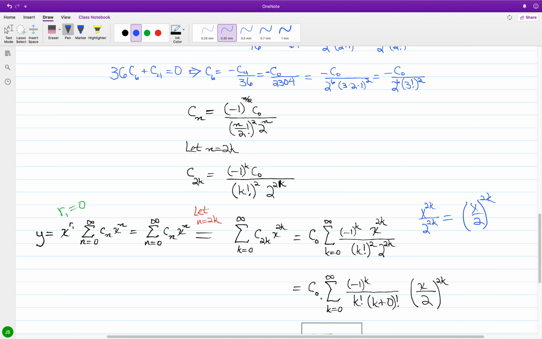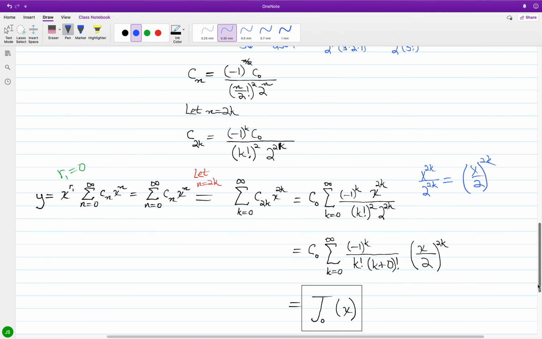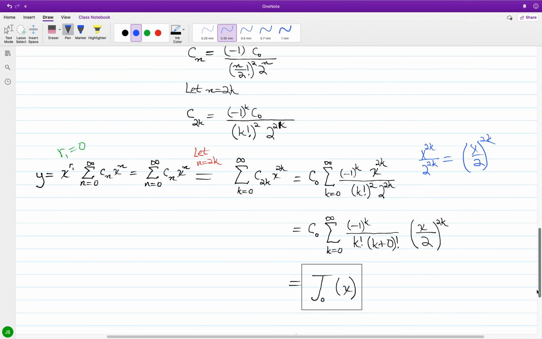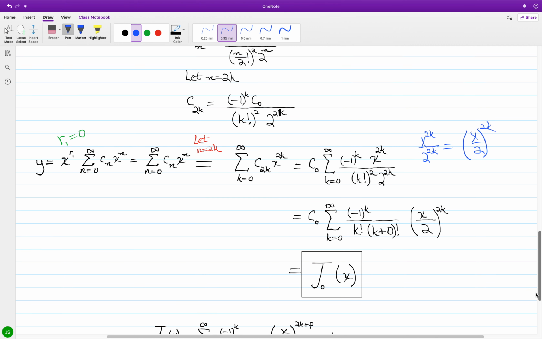So I got c naught times the summation as k goes from 0 to infinity, negative 1 to the k. And now for k factorial squared, I'm going to break this down and I'll show you why. So I got k factorial times k factorial, in this case k plus 0 factorial, and I have times x over 2 raised to the 2k degree. And this will translate as a Bessel function of the first kind of 0 order.